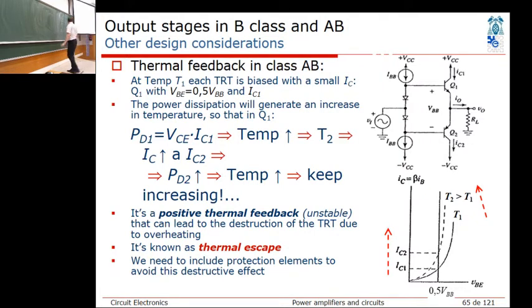Okay, one protection element would be to have a fuse somewhere in between the power supply. Well, there's always one fuse between the power supply and the AC outlet. And then there should also be one fuse inside of your amplifier.